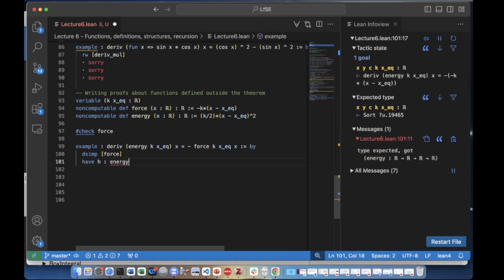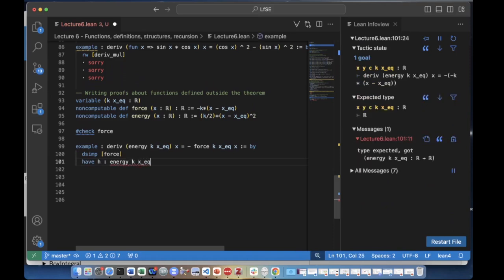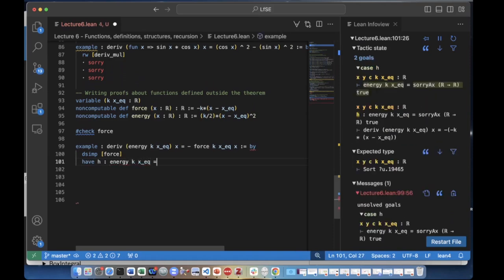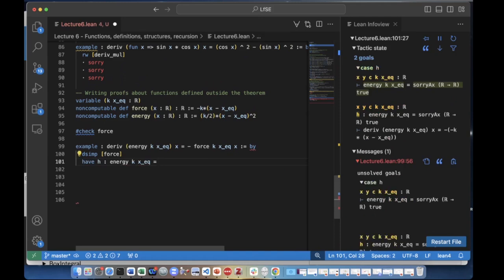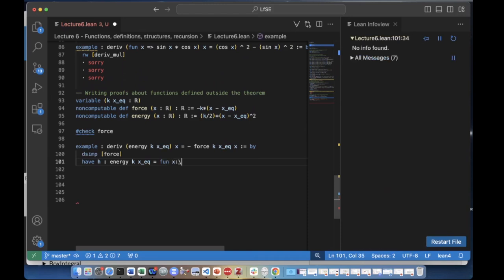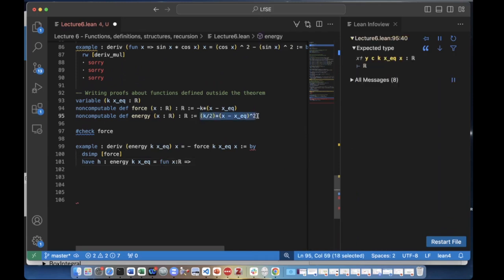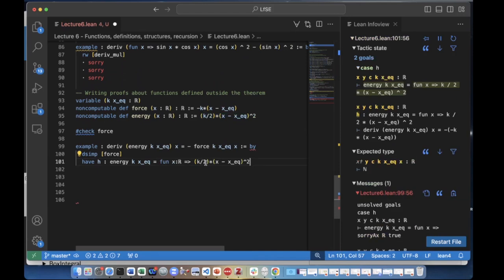So what I'm going to do is I'm going to show that energy k x eq is equal to a function object x to r. I'm going to take the right-hand side here and just paste this here.